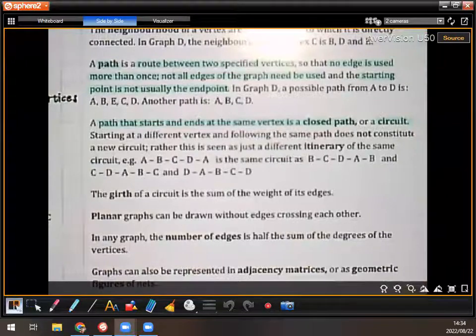So a path, right, is a route from one vertex to another one, not using the same edge more than once. But now, guys, if you go back to the original starting point, then it's no longer a path, then it's a circuit. Okay. And if you're thinking in terms of when you're running, if you're doing a circuit, you're starting at one point and you're going kind of in a loop and you get back to the starting point.